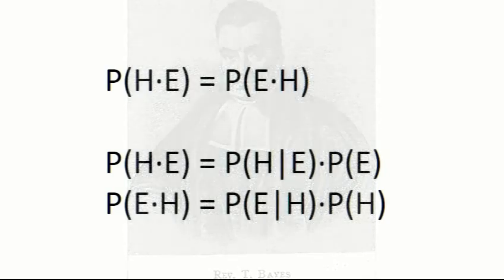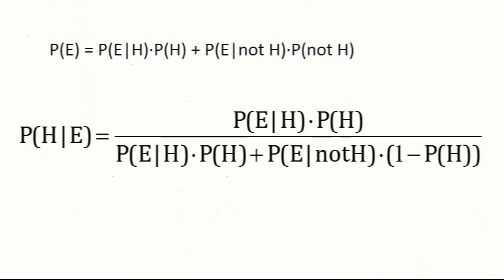Let's see. So first of all, how do we go about calculating it? What we need to do is expand in the denominator the probability of E. By definition of conditional probability, the probability of E is equal to the probability of E given H times the probability of H plus the probability of E given not H times the probability of not H. Remember that the hypothesis H can either be true or false.